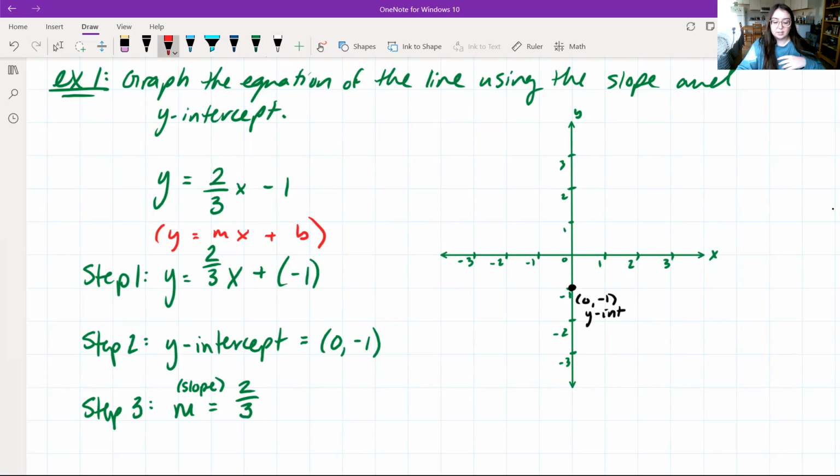So with 2/3, this means that rise is equal to 2 and run is equal to 3. When we rise, we go up, and in our run, we go to the right if we have a positive value. If we had a negative value, we would move in the left direction.